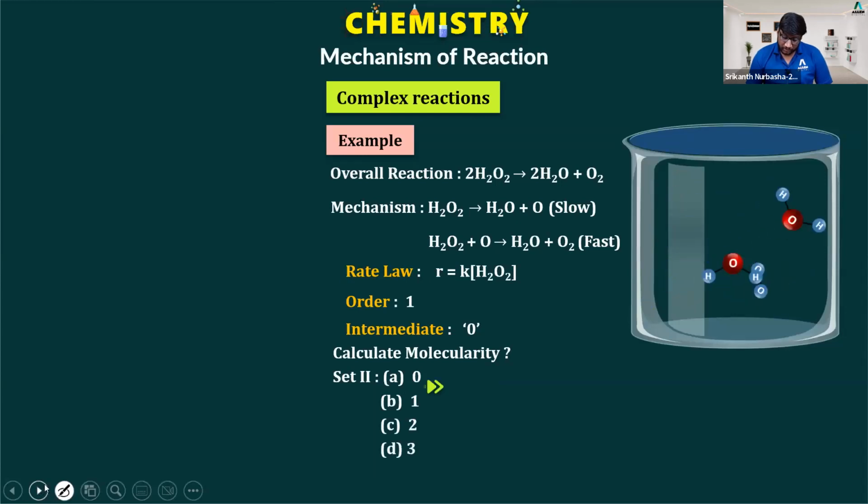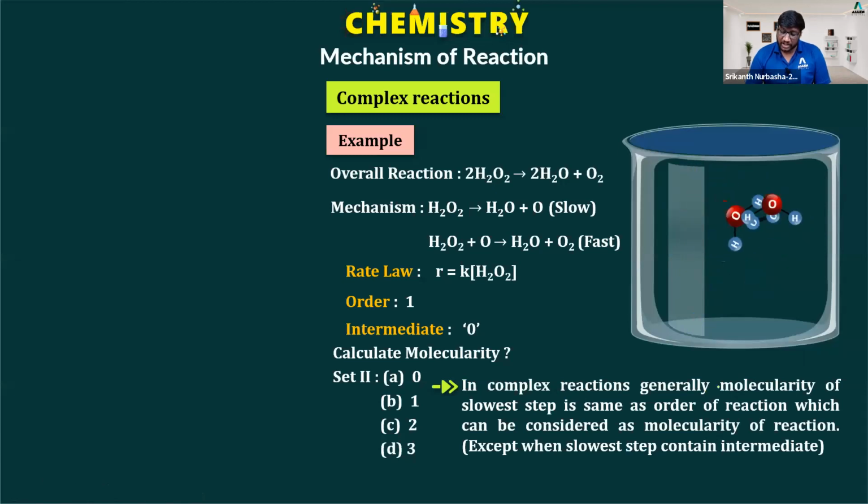In a complex reaction, generally molecularity of the slowest step is same as order of reaction, which can be considered as molecularity of the reaction, except when the slowest step contains an intermediate. But in the rate expression, do we have an intermediate? That you have to find out. Rate expression is R equal to K into concentration of H2O2.